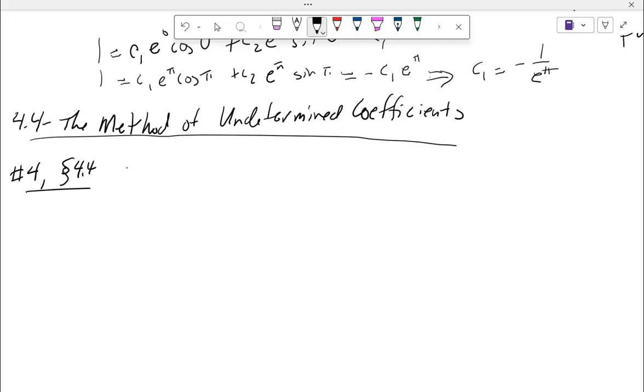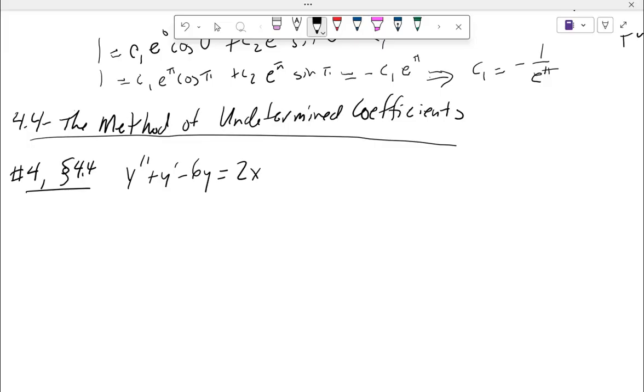We've got y double prime plus y prime minus 6y equals 2x. So we still have a linear differential equation.